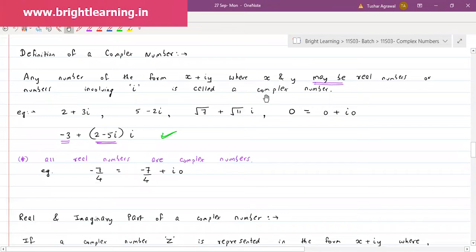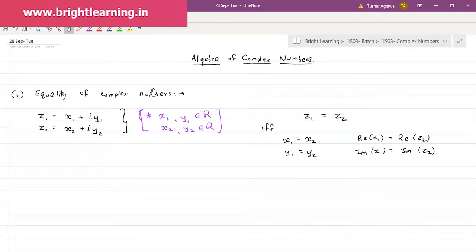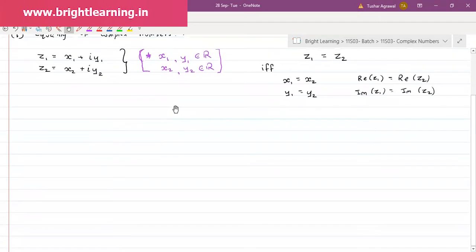From now onwards, for the rest of the chapter, whenever I write x1 plus i y1, you should consider it to be in the standard form only. That is, x1, x2, y1, y2 are all real numbers. So for equality, the real parts should be equal and the imaginary parts should be equal. So this is regarding equality of complex numbers.